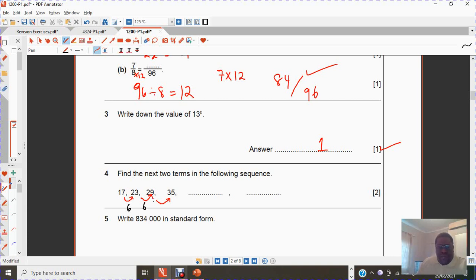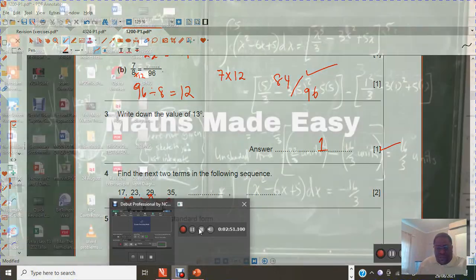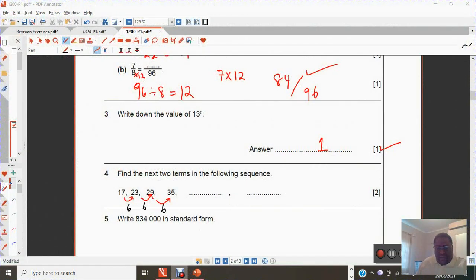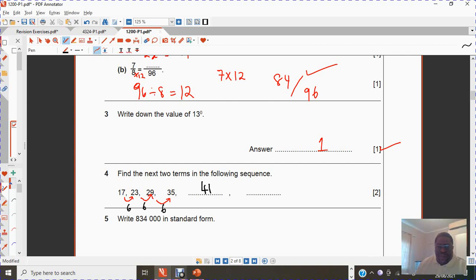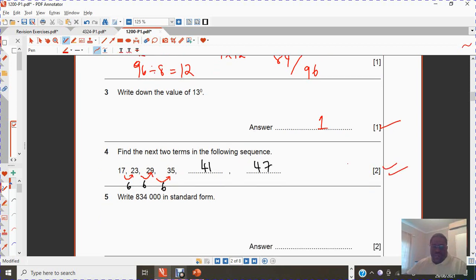So every time it's as if you add 6. So you find the next one by saying 35 plus 6. That gives you 41. And adding another 6 gives you 47. So that is how that question is answered.